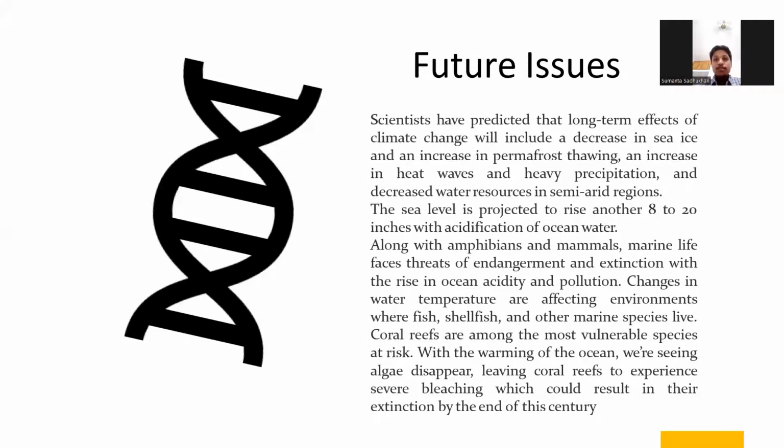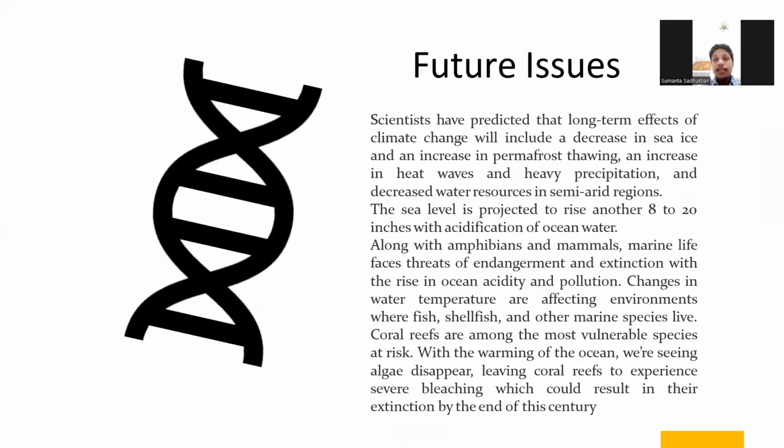Future issue. Scientists have predicted that the long-term effects of climate change will include a decrease in sea ice and an increase in permafrost thaw, an increase in heat waves and heavy precipitation, and decreased water resources in semi-arid regions.